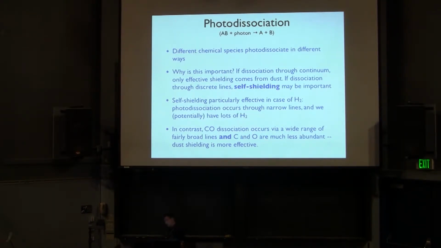In contrast, CO has very broad absorption lines, and so it's actually better shielded by dust, which then has this whole continuum of absorption. And also the fact is that CO is made from carbon and oxygen. We've just seen, if we go back to that slide at the beginning, the abundances of carbon and oxygen are 10 to the minus 4 of what they are for, for example, hydrogen.